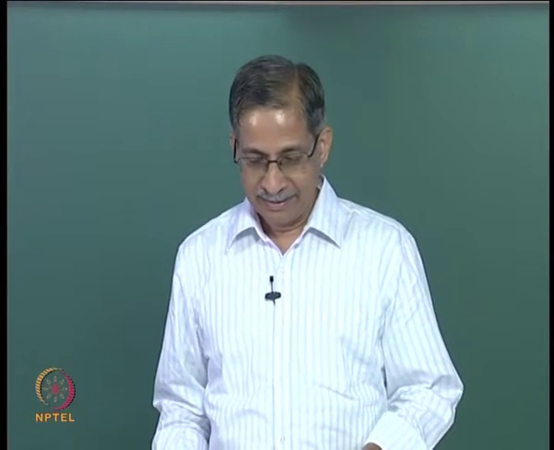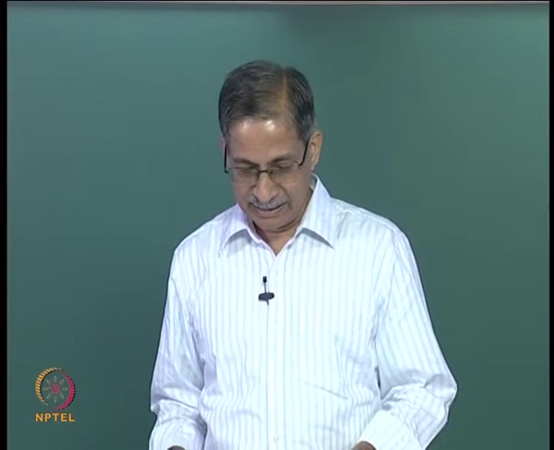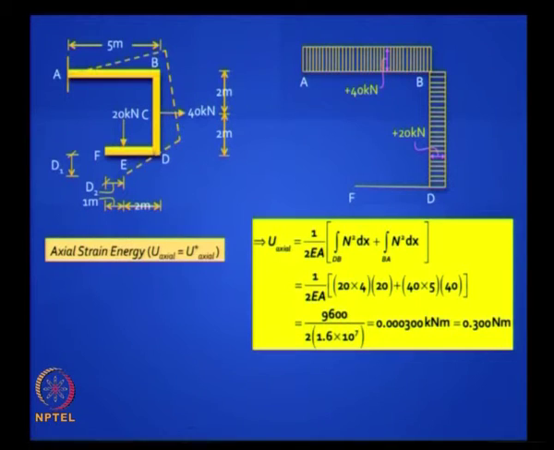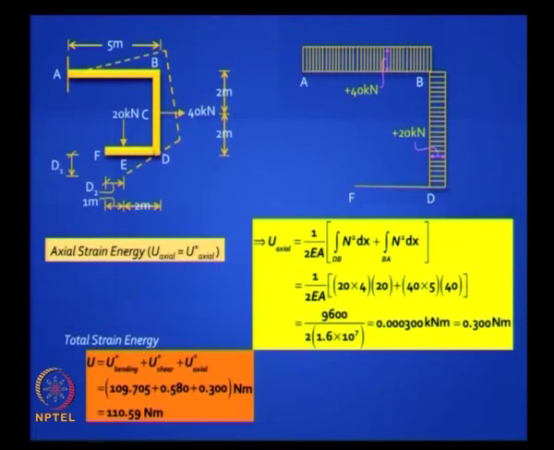Okay. Let us take the second case, which is shear strain energy. This is very easy to do by the area multiplication method. You just have to multiply this diagram with itself, and then you also have the axial strain energy, and you have the three quantities, and when you add them up you will find something very interesting.